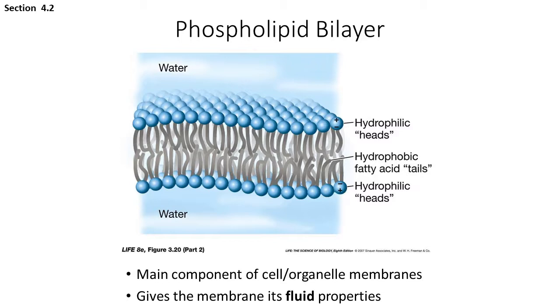The main component of the plasma membrane is a phospholipid bilayer, where the phospholipids are organized with the hydrophilic phosphate heads being exposed to the water, and the hydrophobic tails being sequestered on the inside, where they have limited exposure to the water.